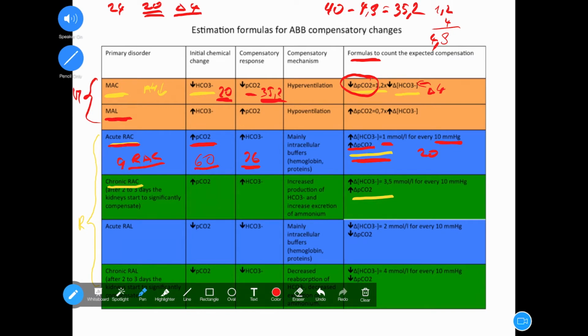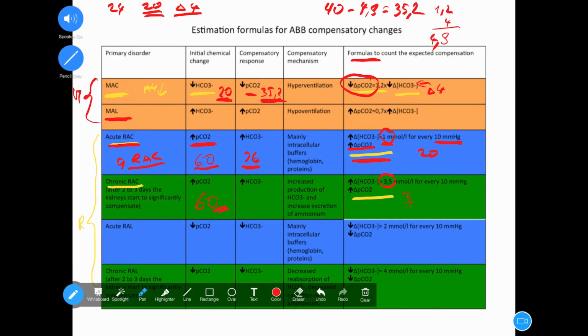In contrast to this, in case someone comes to me, I take his blood gases and he's 60 with CO2. But over here, look at the formula. For every 10 increase, the bicarb increases by not 1, like in this case, but by 3.5. So in our scenario, it's by 2.